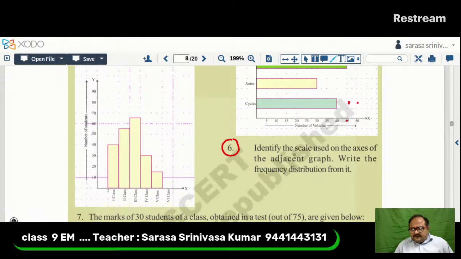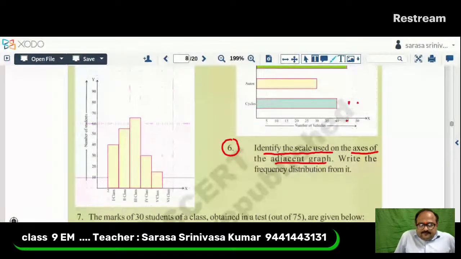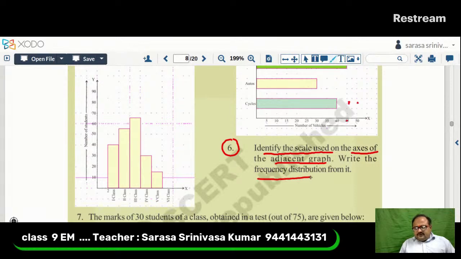Identify the scale used. First, we should identify the scale used on the axis of the adjacent graph. Second question is write the frequency distribution table. We should write the frequency distribution table, and also we should write the scale.